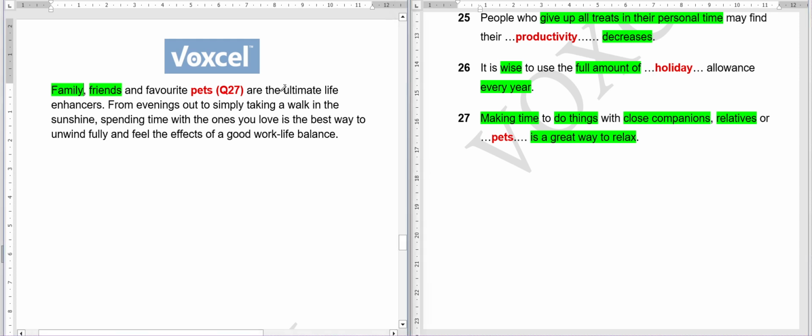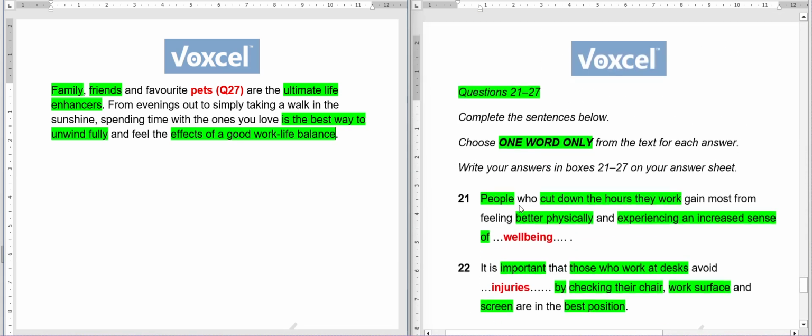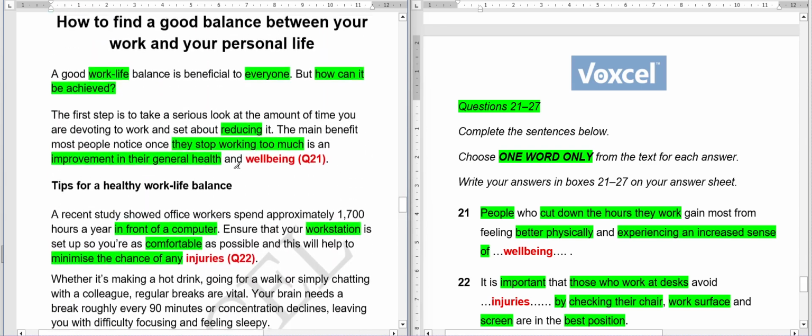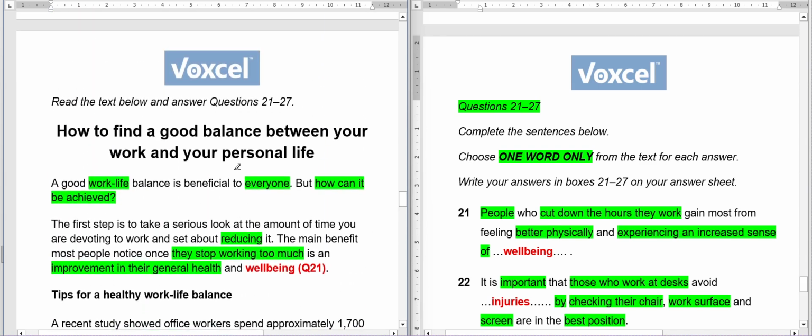So they are saying ultimate life enhancers. So you are enhancing your life, you are relaxing. Again they are saying the best way to unwind, and feel the effects of good work life balance. I hope it is clear. So this is how you should attempt these kinds of paragraphs, these kinds of questions.